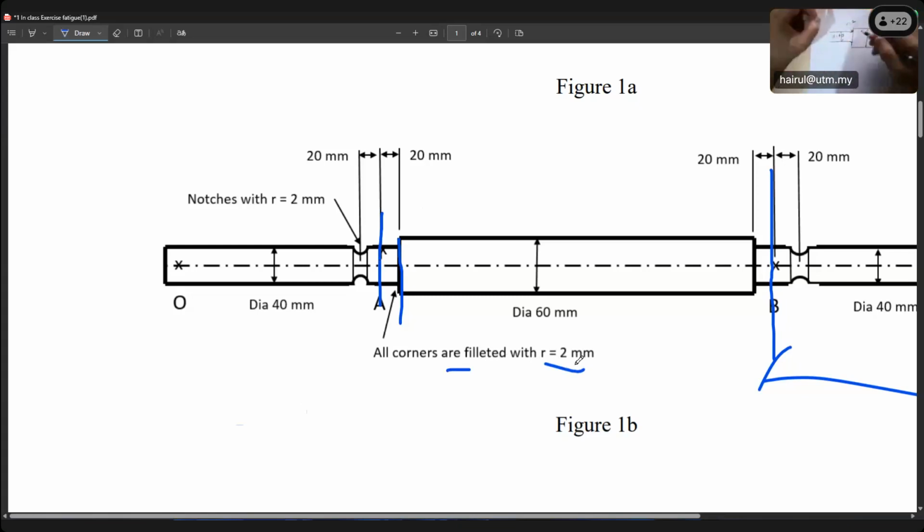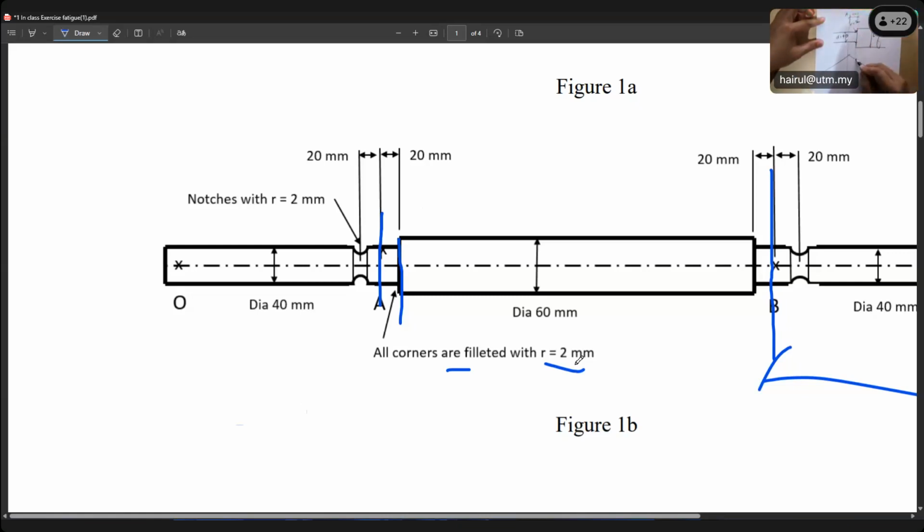So we need to find, from the moment diagram, if I zoom in, the moment diagram is like this, right? The critical location: A is where we mount the pulley, but this is shifted another 20 here.